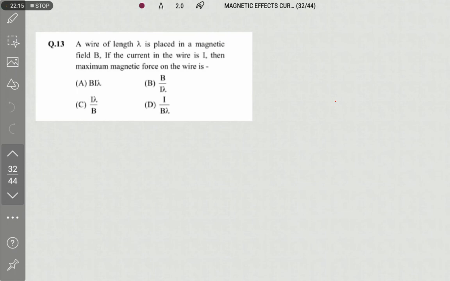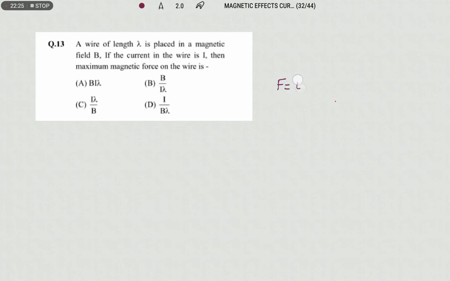Next, a wire of length lambda is placed in a magnetic field B. If the current in the wire is I, then the maximum force acting on the wire is? So again, the force acting on a current carrying conductor is ILB. They have given the maximum magnetic force. It experiences maximum force when theta is equal to 90, that means the conductor is aligned perpendicular to the magnetic field.